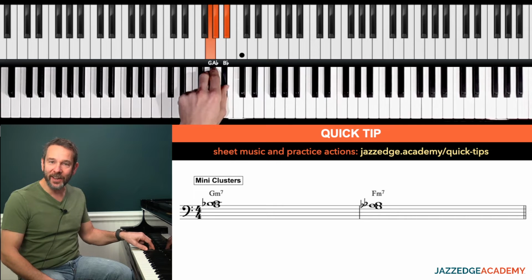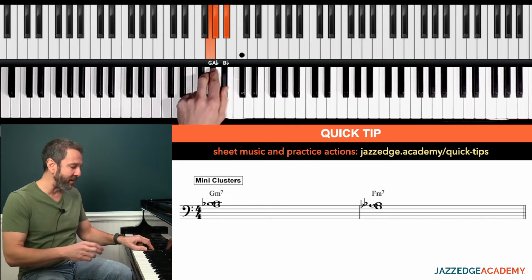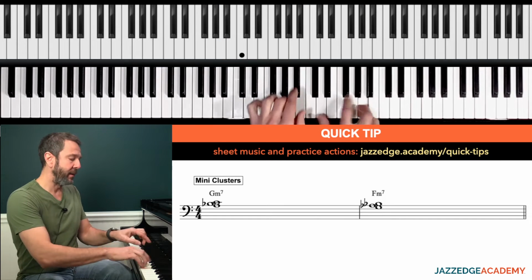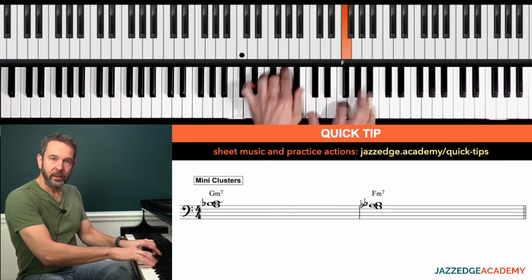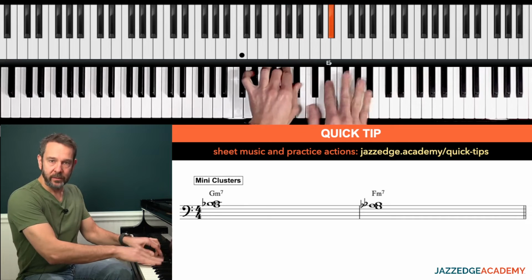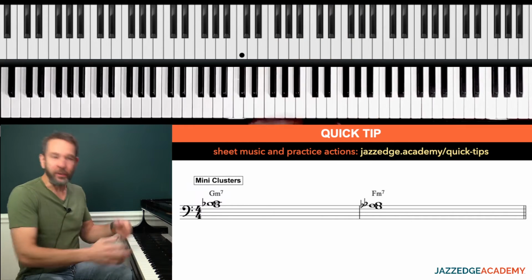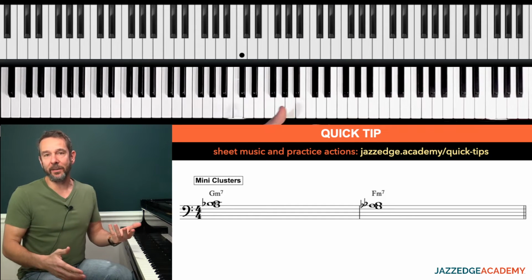And there's a lot of value in just getting these little 3 notes in there, because not only could you use them as chord voicings, you can also use them as an improvisational element as well, right?